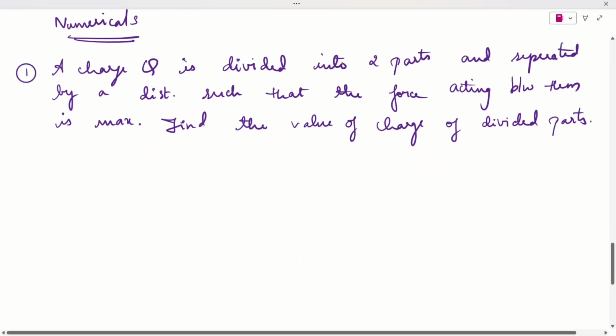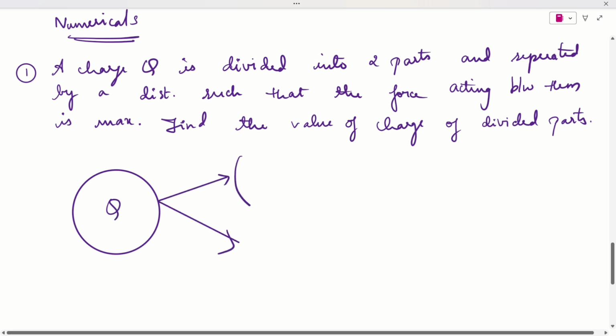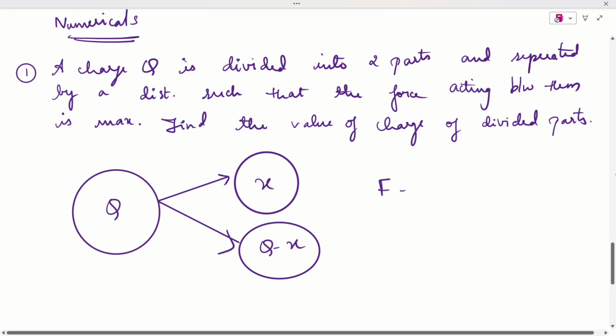So what am I getting from the question is, I have a charge Q which is divided into two parts. Let's say this is x and this is Q minus x. Now the force which is acting between these two, if I am going to separate them by a distance r, is 1 by 4 pi epsilon naught x into Q minus x divided by r square.